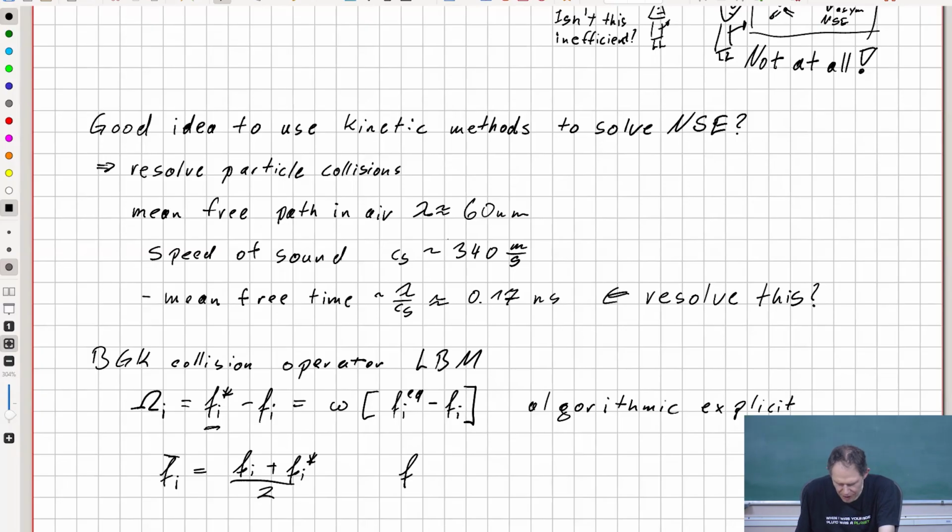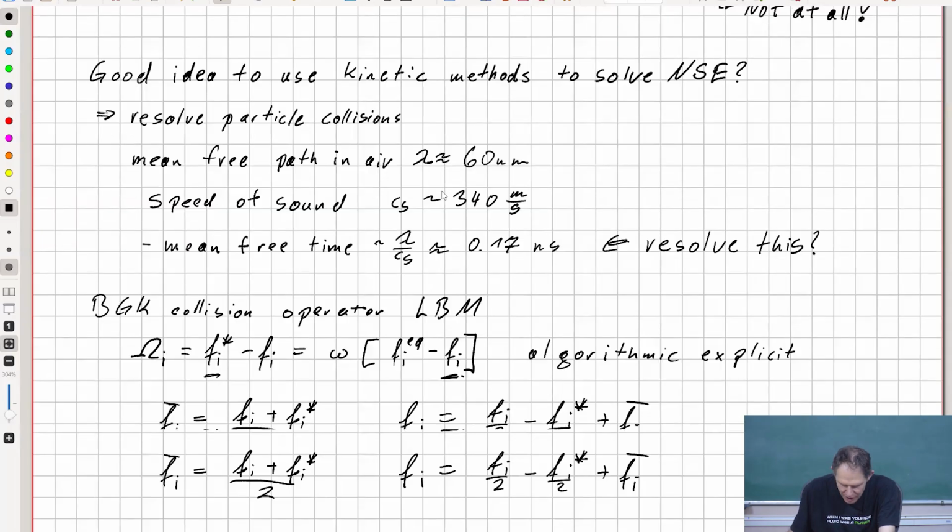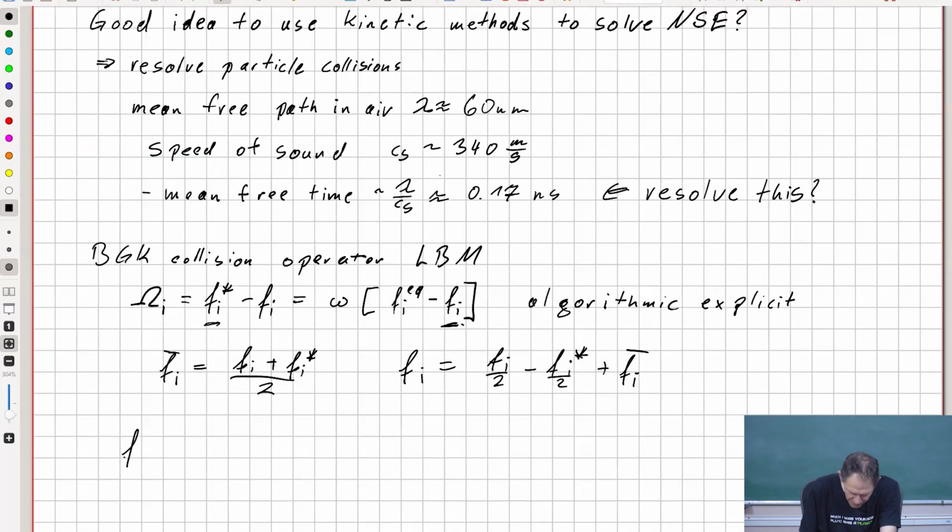This can be written also like this, because I want to replace this, so I have to rewrite this as Fi star half minus Fi asterisk half plus Fi bar.